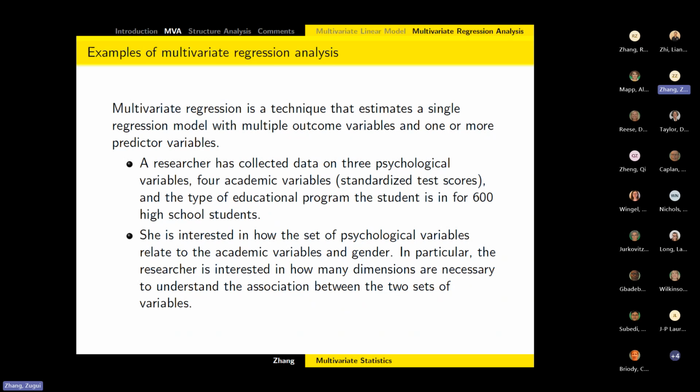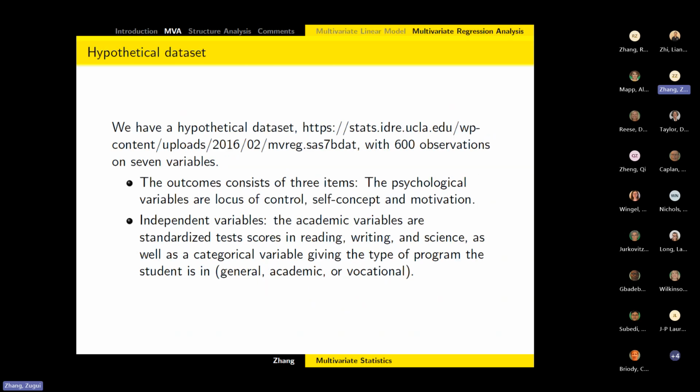We are interested in how many dimensions are necessary to understand the association among these variables. First, let's look at the theoretical variables, like the psychological variables related to locus of control, self-concept, and motivation. And we also have some other independent variables.